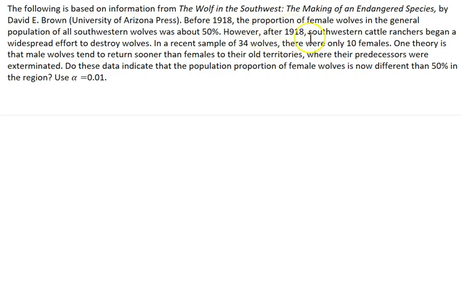However, after 1918, southwestern cattle ranchers began a widespread effort to destroy wolves. In a recent sample of 34 wolves, there were only 10 females. One theory is that male wolves tend to return sooner than females to their old territories where their predecessors were exterminated. Do these data indicate that the population proportion of female wolves is now different than 50% in the region?